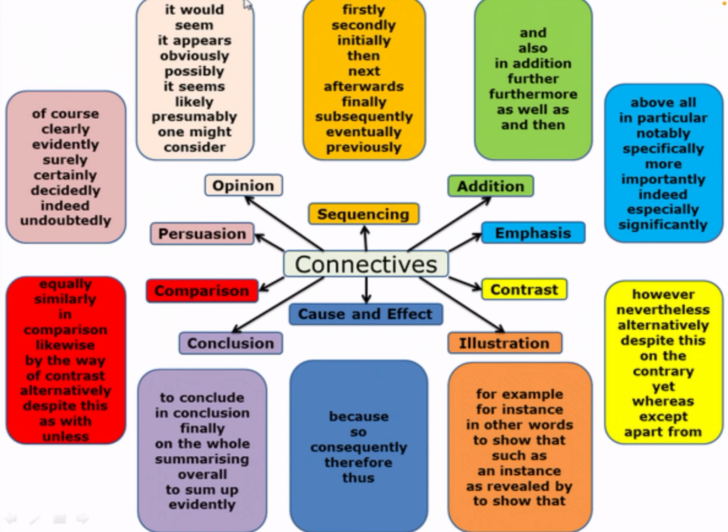But you just have to know which linking word goes to which aspect, whether we're adding, emphasizing, contrasting, illustrating, or showing cause and effect, so you have to know where each linking word goes.